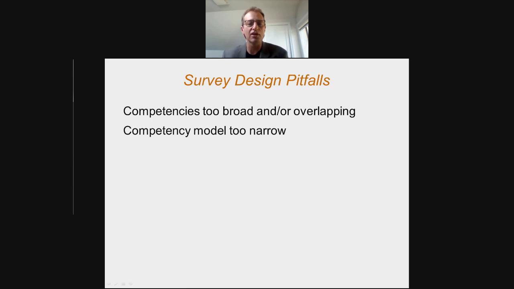Now, this usually starts when you have an organization that has organizational competencies, and it's just a set of maybe 3 or 4 competencies that, you know what, everybody's got to be good at in this organization. It's important to align a 360 survey to those competencies, but I wouldn't just use those competencies for a 360 because you're going to find it's narrow.